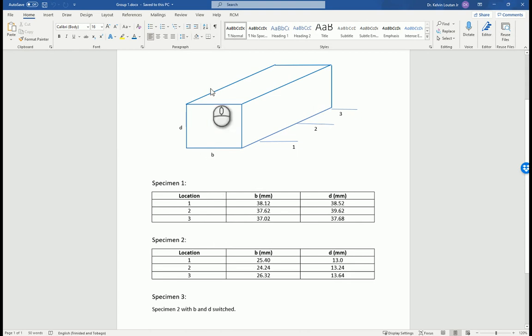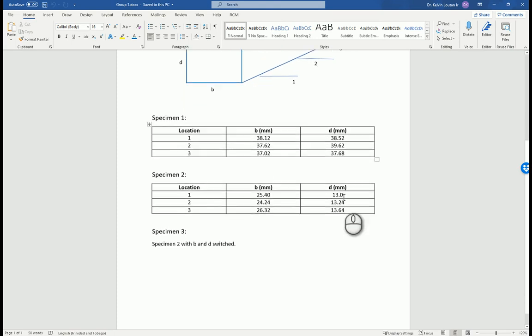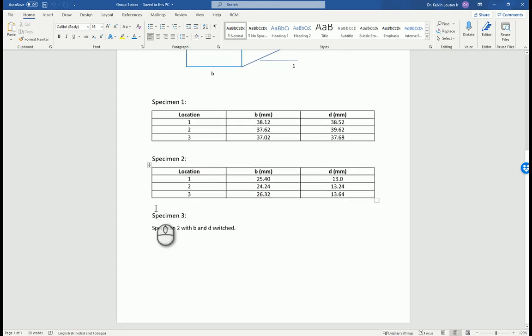You normally would have taken measurements at 3 points along the length of the specimen. So these are the dimensions, and of course you find your average and come down with one value of B, one value of D. Specimen 3 is really specimen 2, but we flip B and D. So we have a cross section that is oriented one direction and we take it and orient it the other direction.